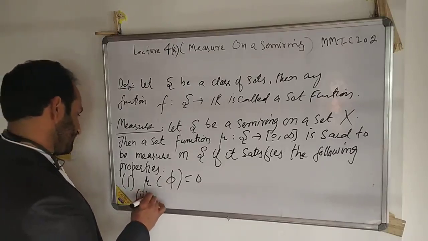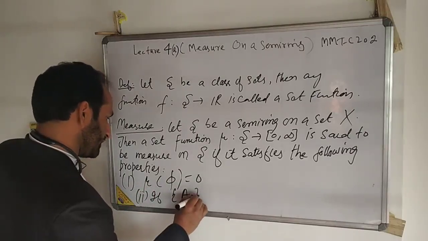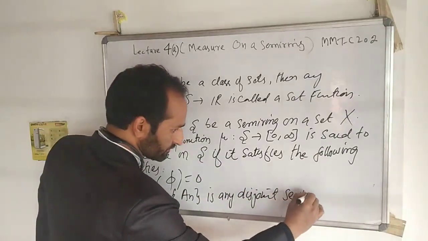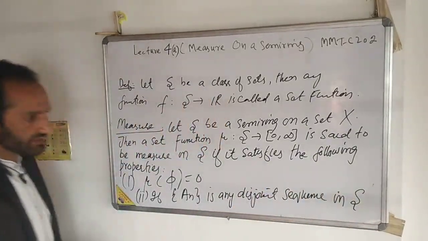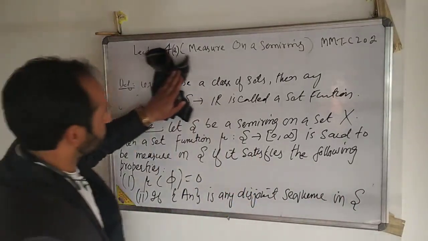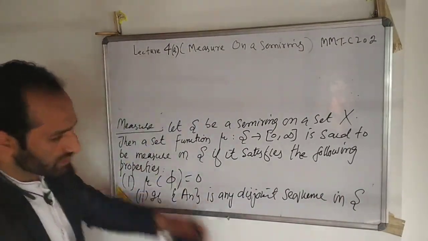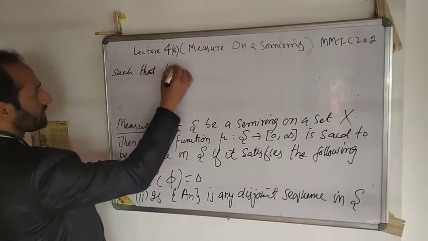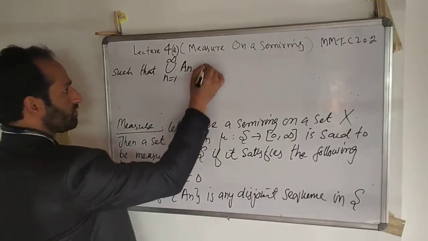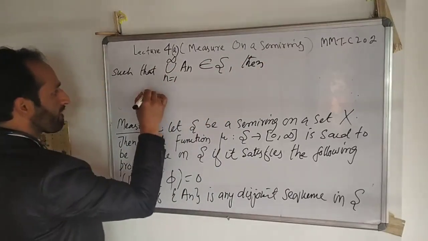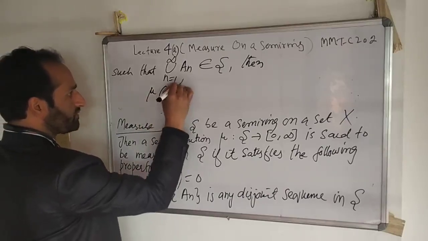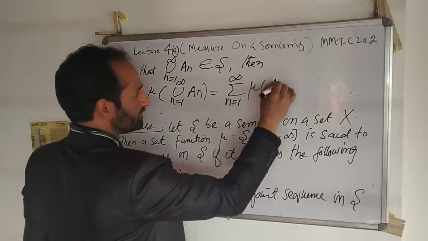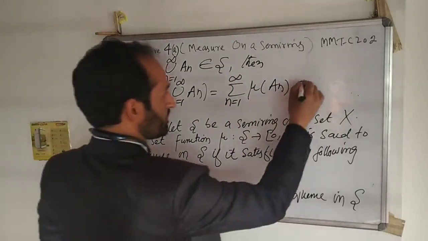Sigma additive means that if A_n is any disjoint sequence in S such that the union over n from 1 to infinity of A_n belongs to S, then mu of that disjoint union should be equal to the summation over n from 1 to infinity of mu of A_n. And this property is called the sigma additive property.